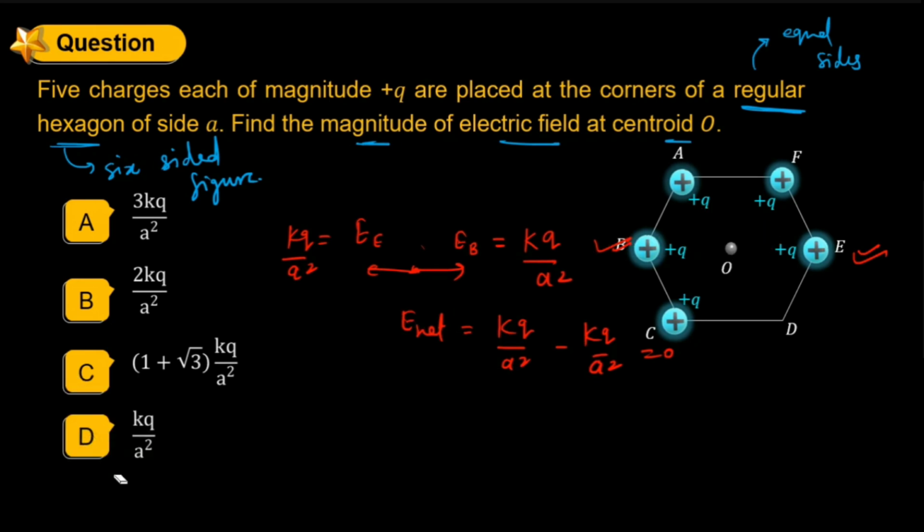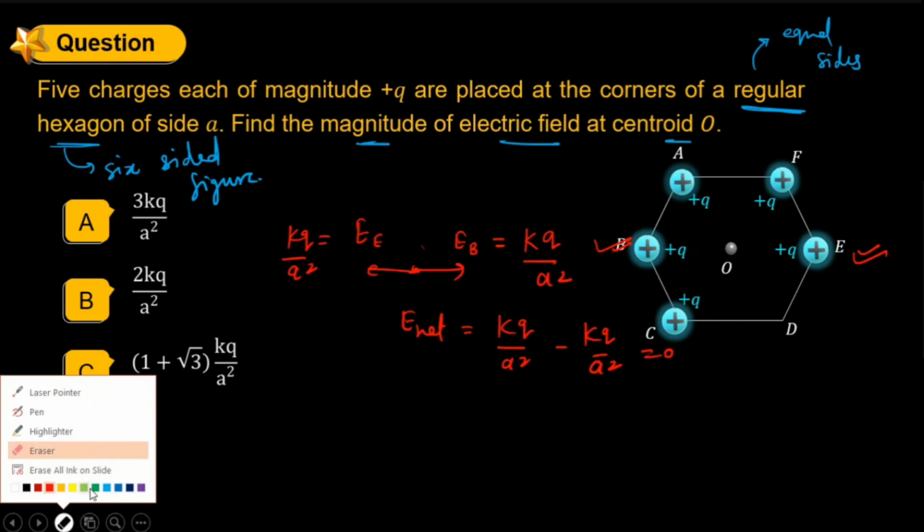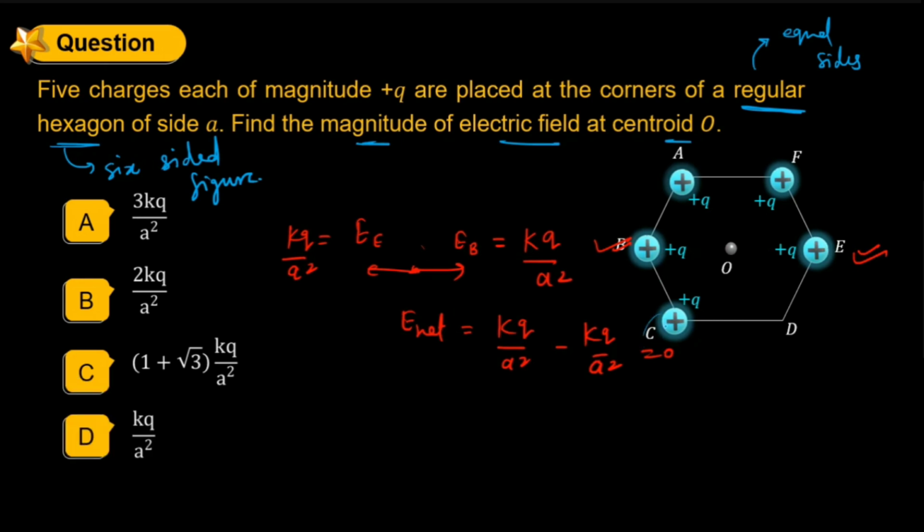Now let's see C and F. Because of this C positive charge, the electric field is again supposed to be away from it. And because of this F, it is again supposed to be away from it.